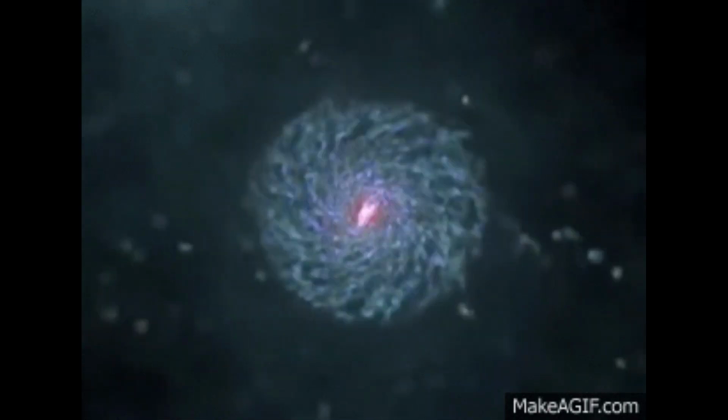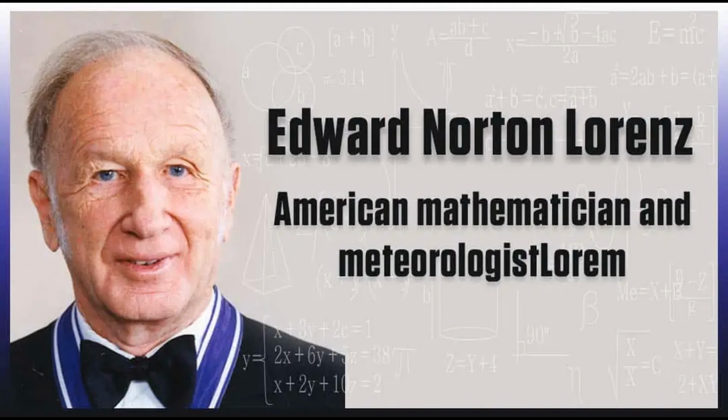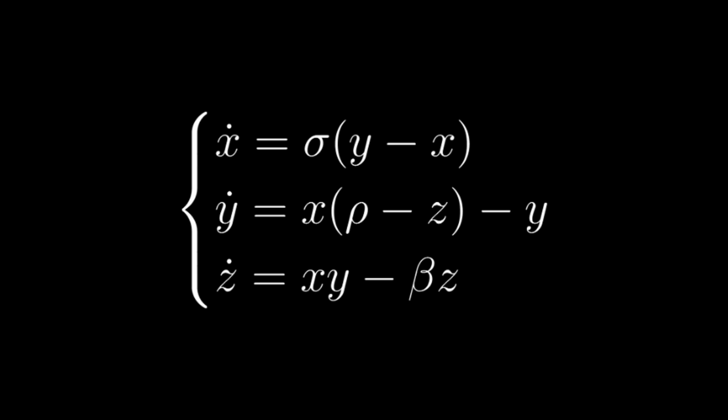So Lorenz, a meteorologist, reduced his parameters to three equations, and this is how those three equations behave.